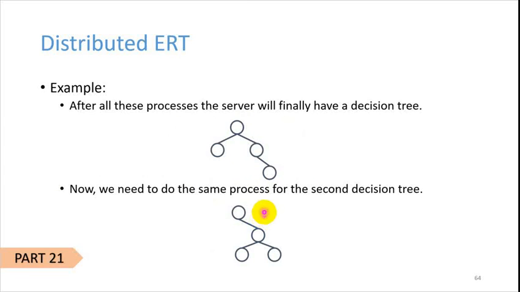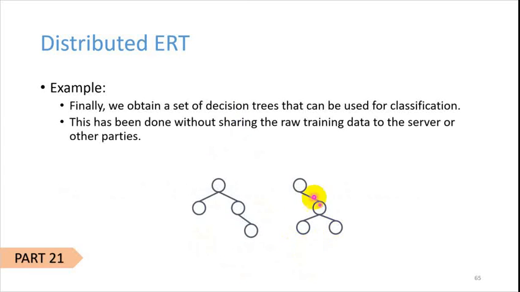After learning the other one, we will have two decision trees, learned based on the raw training data and without sharing the raw training data with the server or other parties. And we will use these decision trees to classify our test data.